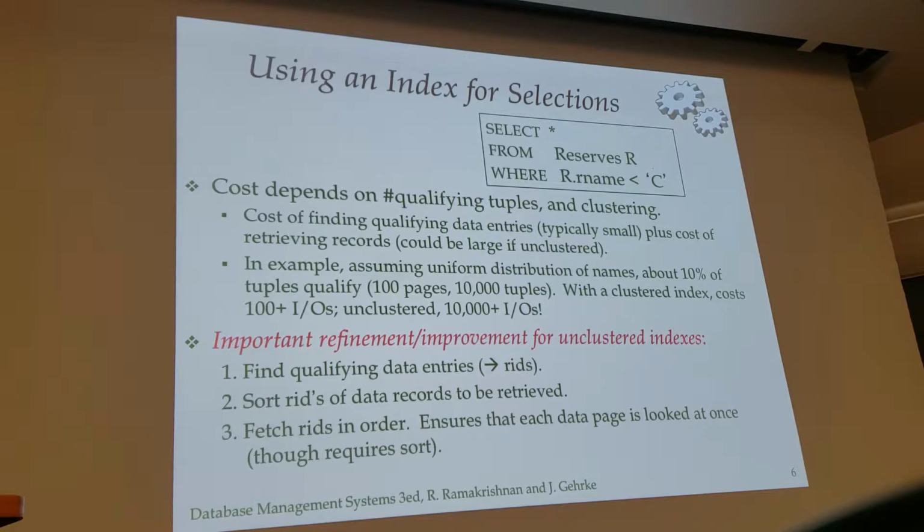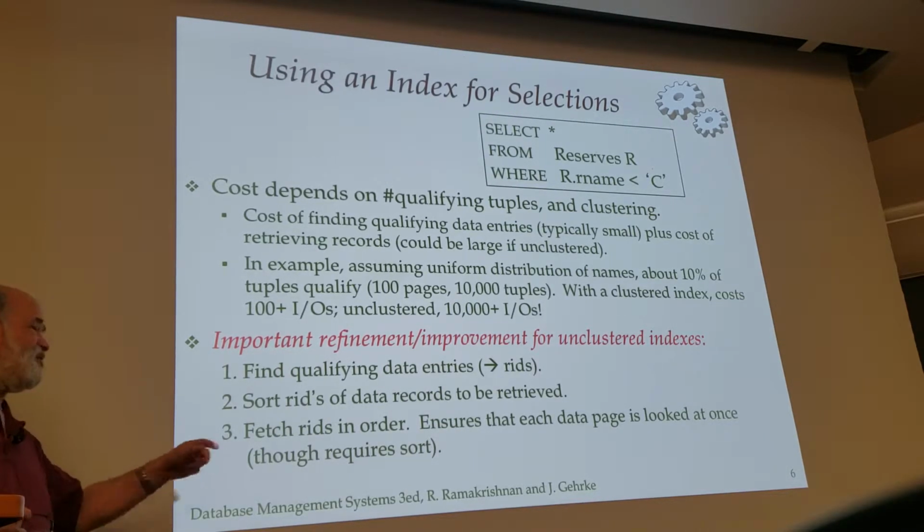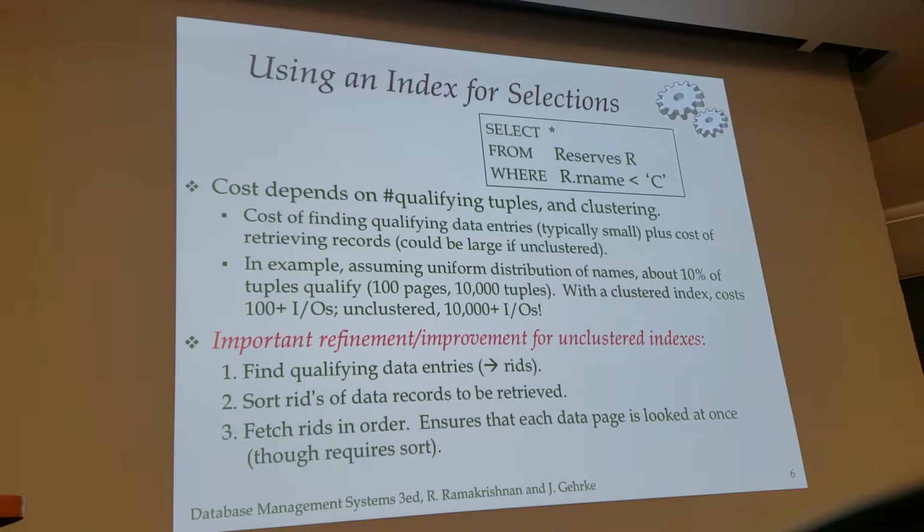What the heck, I could even sort them on both the page IDs and the slot IDs, so I'd get the slot IDs in order if I wanted to, not that that particularly matters. But basically what that does is it ensures that the data pages are only touched once. So that saves you a lot of work.